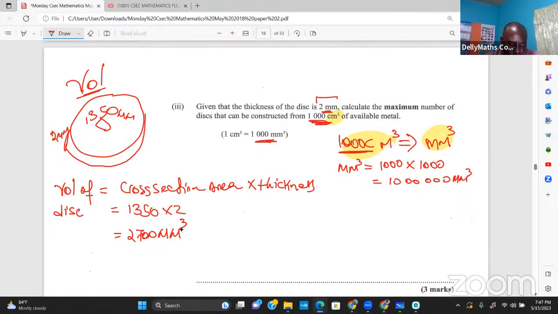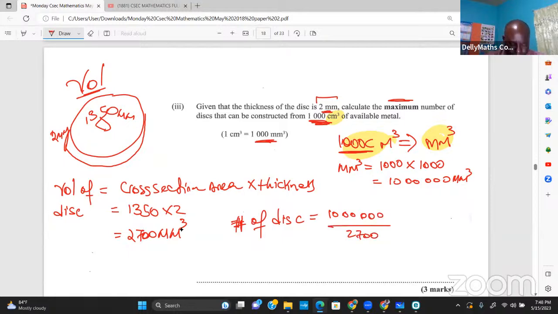So what I'm going to have to do now is divide this into the million to see how many I'll get, basically. So let's divide that into the million. There are more than 1 way to work it. So I'm taking it from this angle. I'm working with mm³. The number of this, because the question wants to know the maximum number of this, is going to equal 1 million divided by 2,700.